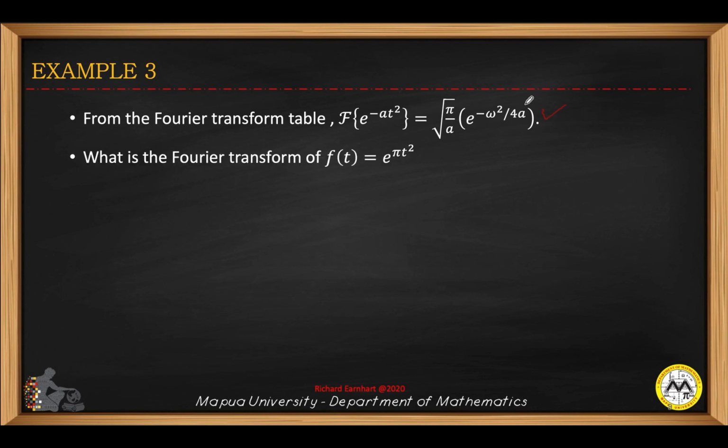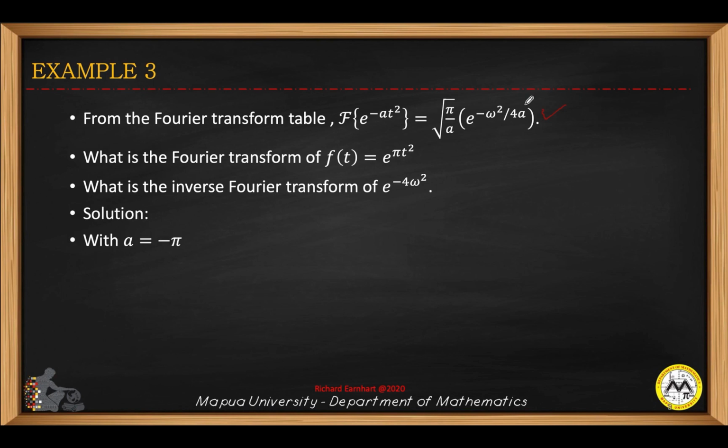So what is the Fourier transform of e to the pi t squared? What is the inverse Fourier transform of e raised to negative 4 omega squared? We're going to use this formula from the transform table.